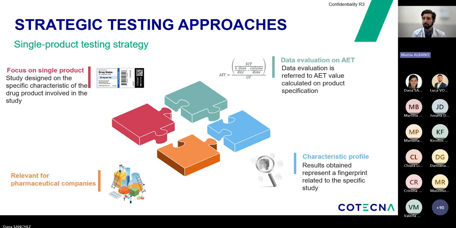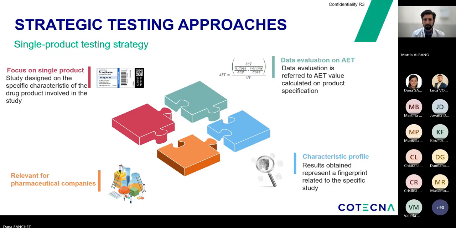So the data evaluation is referred to the AET value calculated on this specific product. And the result obtained represents a sort of fingerprint related to the specific studies. This type of study is very interesting for pharmaceutical companies because it helps to evaluate the impact of all the steps of the production process of the drug.